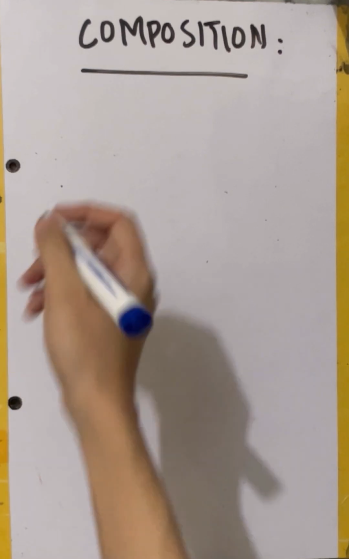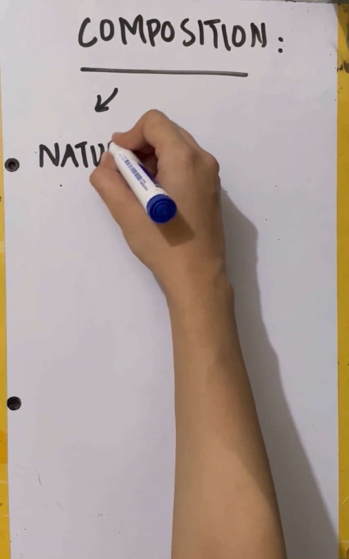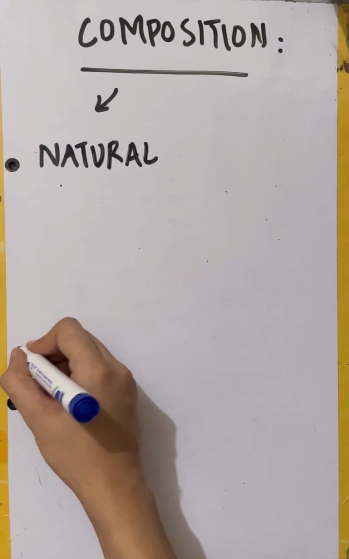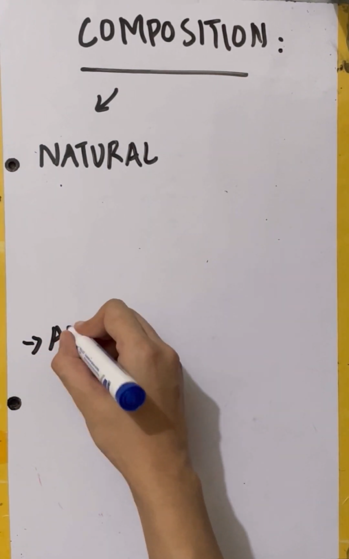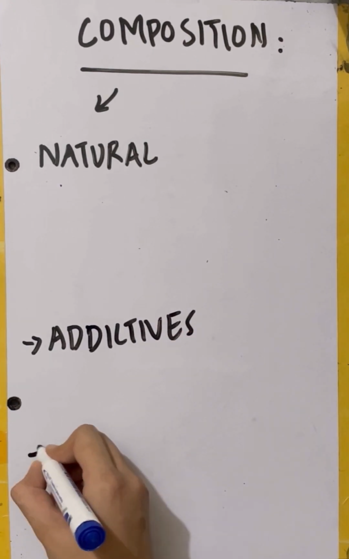If we discuss the composition of wax, then wax basically contains three substances. The first is natural waxes, which is the major component of wax. The second is additives, and the third is synthetic wax.